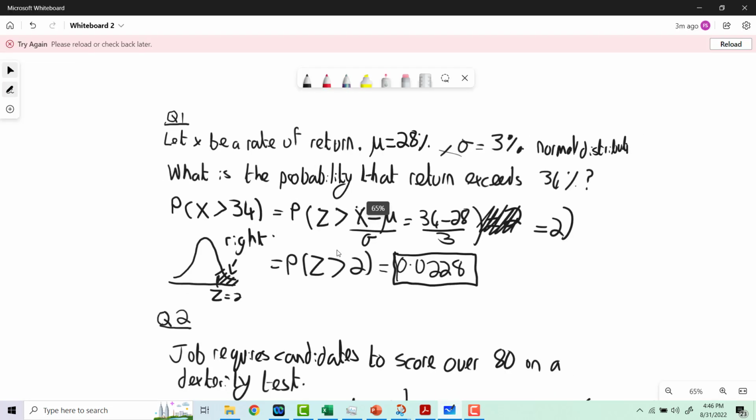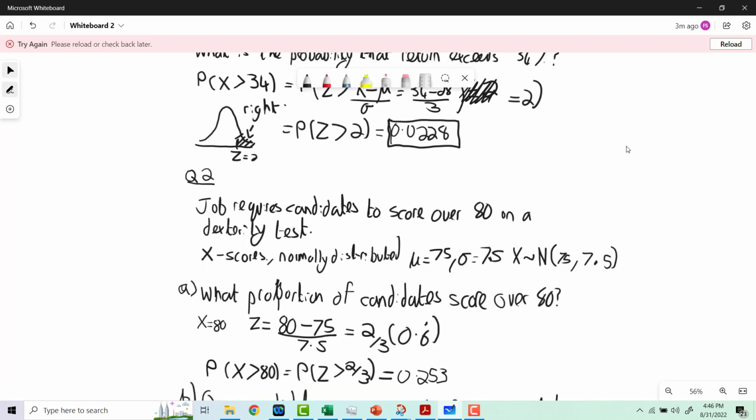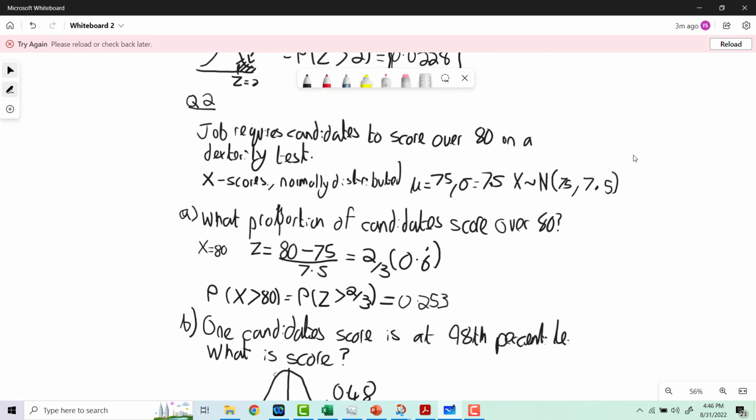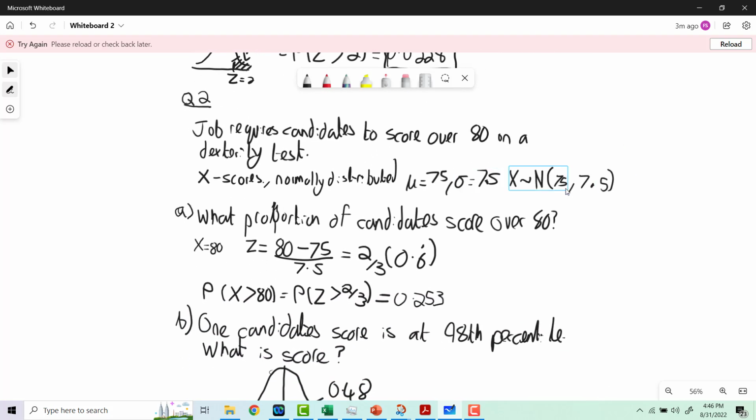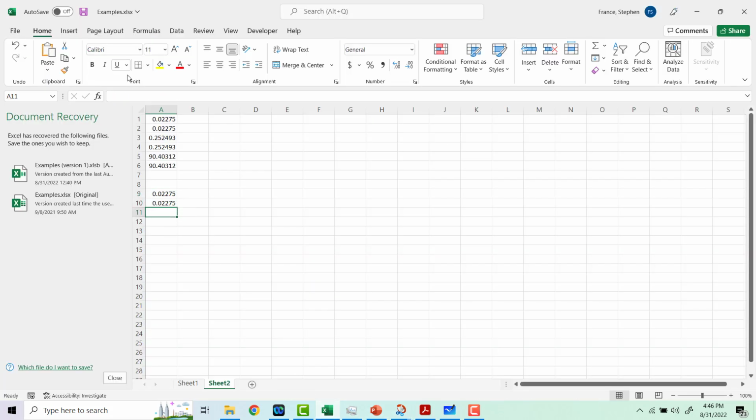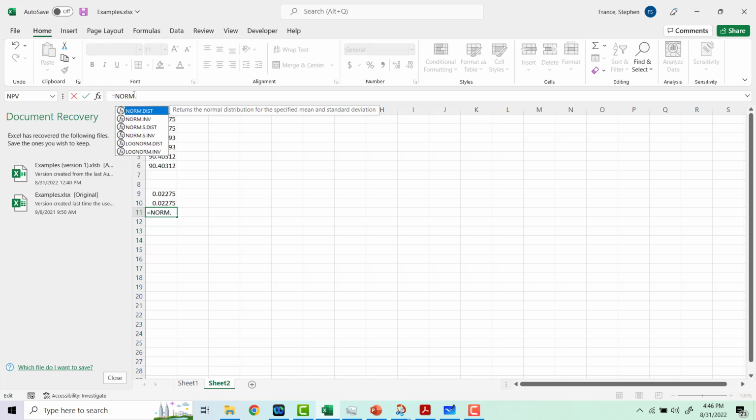Next question. So we're looking for x is greater or equal to 80 with a mean of 75 and a standard deviation of 7.5. And we found that our z was 2 over 3. So let's just do equals norm.s.dist, and my z is going to be 2 over 3, and cumulative is true.